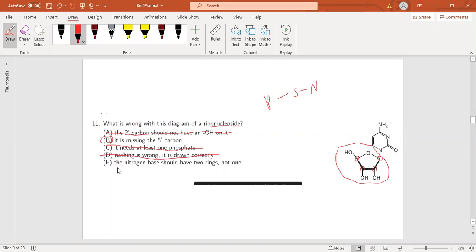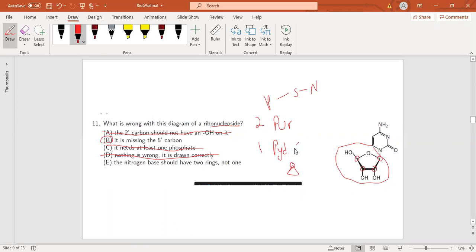And finally, E, the nitrogenous base should have 2 rings, not 1. Well, there's 2 types of bases. You got purines and you got pyrimidines. And purines are 2 rings, while pyrimidines only have 1 ring. The way I remember it is that pyrimidines sound like pyramids. Pyramids have a sharp tip, and they can cut things.